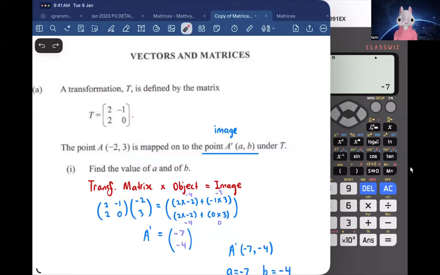So, Faith, can we both agree? If you want to go from the object to the image, which matrix are you using? To go from object to image, which matrix are you using?